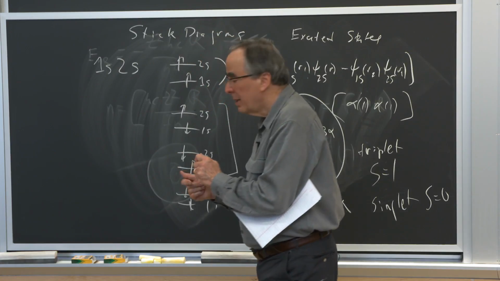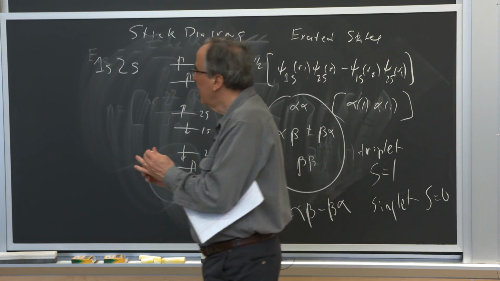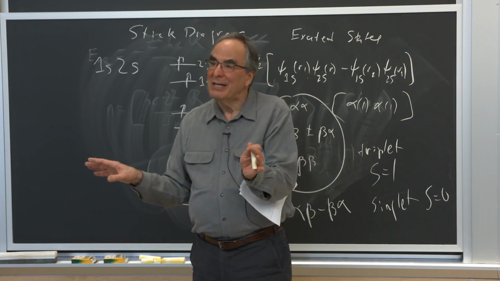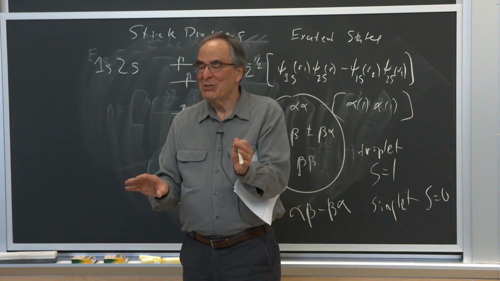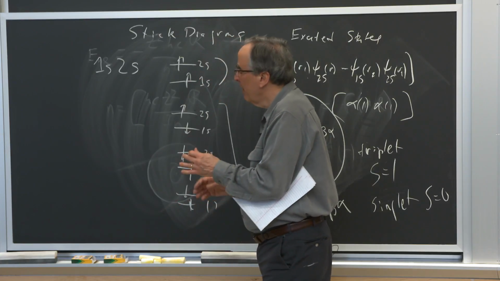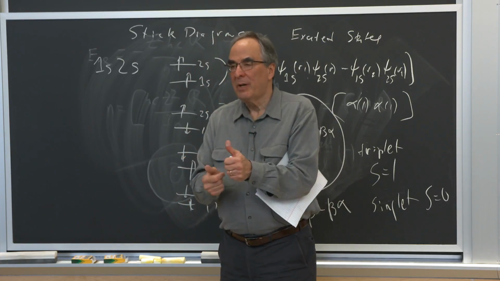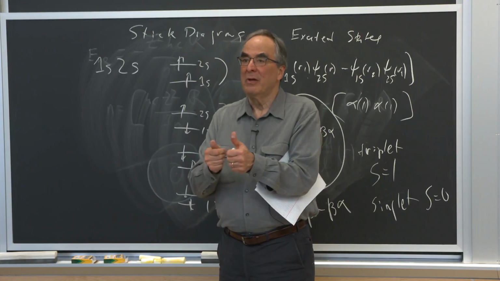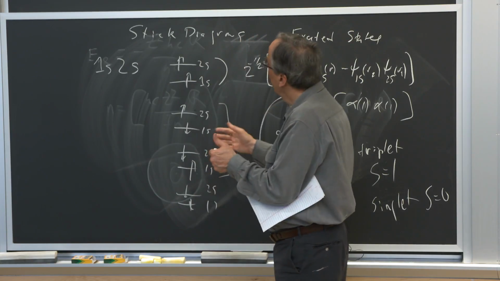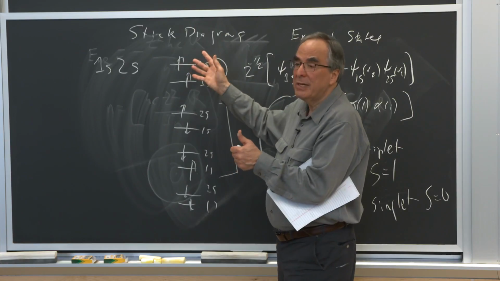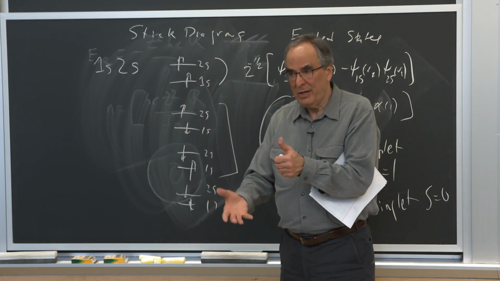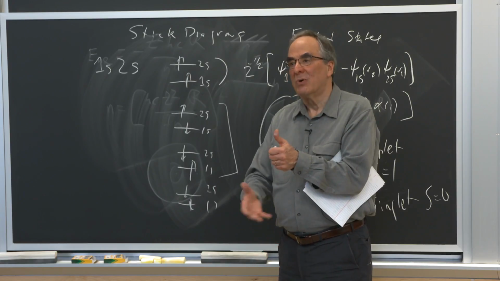I don't want to go into the angular momentum matrix element. That would be the last thing in this lecture. So yes, the projection quantum numbers are not uniquely associated with the total spin. But if you have alpha alpha, you can show that it's S equals 1, and alpha beta plus beta alpha is 1, and beta beta is 1.